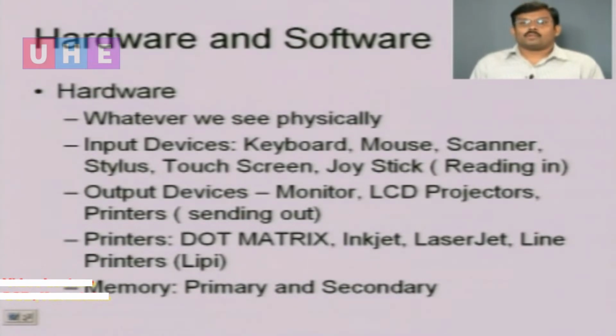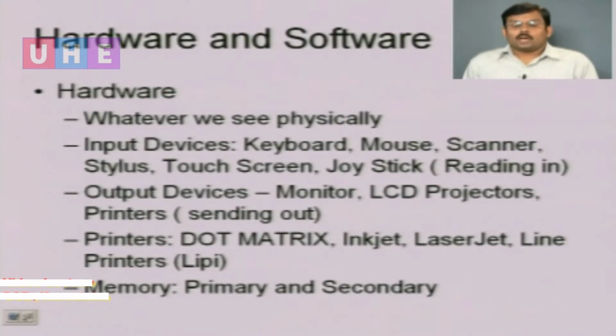Basically when we talk about computers, we talk about two terminologies. One is called hardware and the other software. What are these hardware and software? Hardware, don't think about the hardware you get in that iron shop. I am talking with respect to computers over here. What do you mean by computer hardware? You might have seen many computer hardware shops in many places, where they sell something. That's what I call physically touchable.